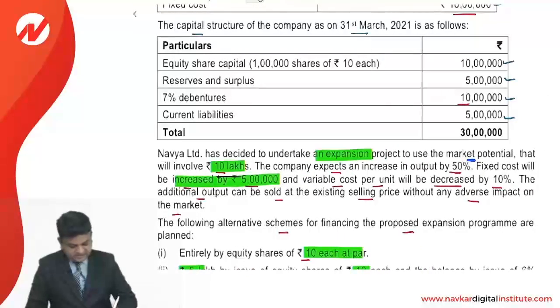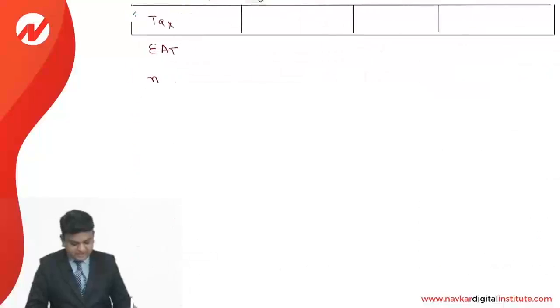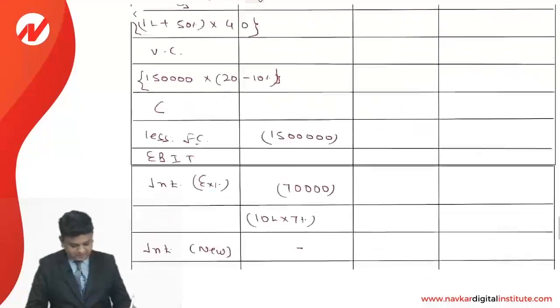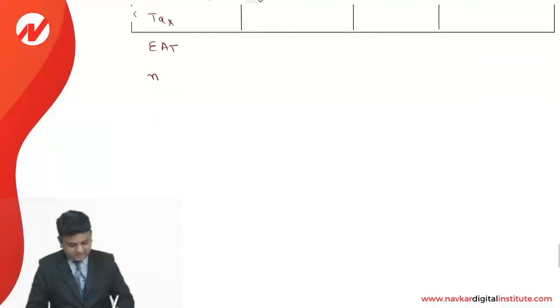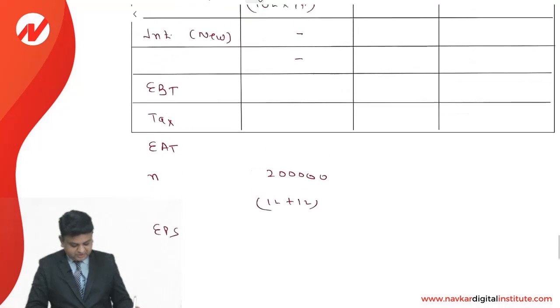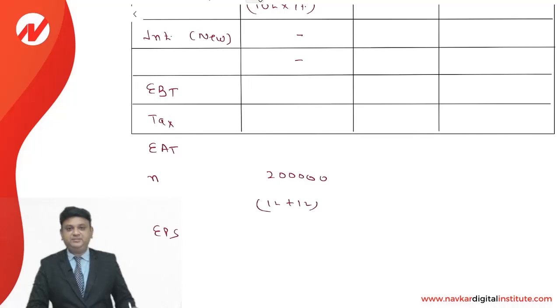You can see that the existing number of equity shares is 1 lakh and there will be an additional issue of equity shares of 1 lakh. So 1 plus 1, that comes to 2 lakh shares. Earning after taxes divided by number of shares will give the earning per share. This is the way the EPS can be calculated for the first plan.